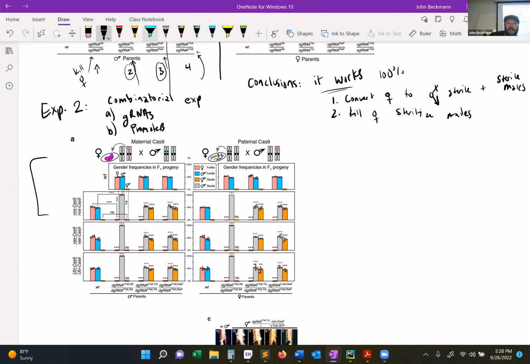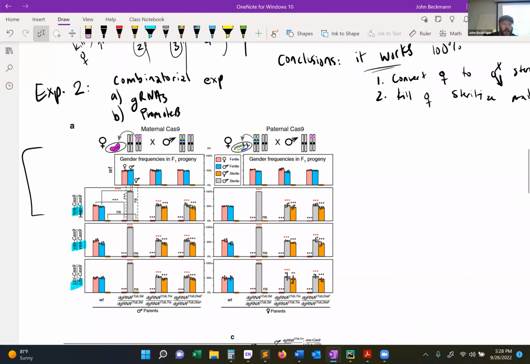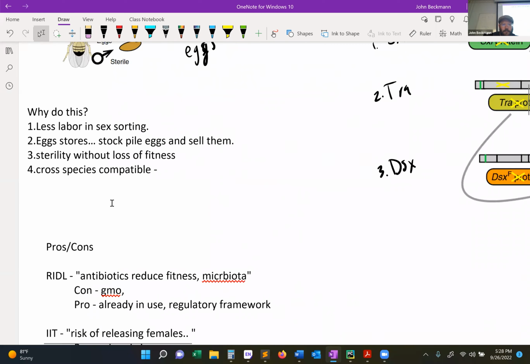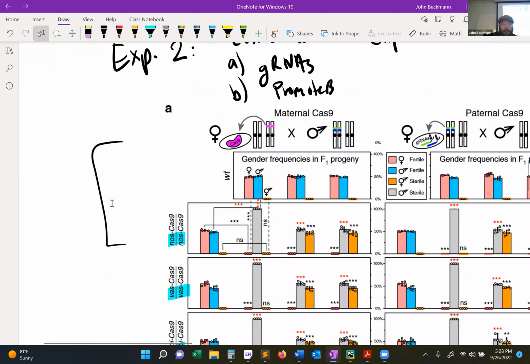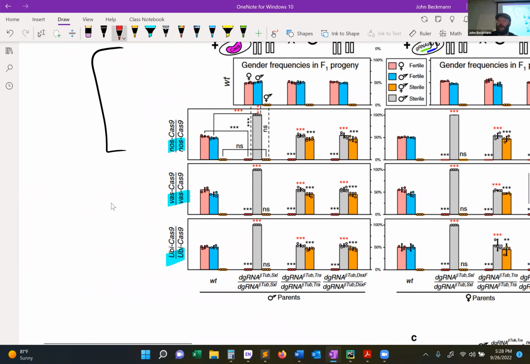Okay, so let's quickly look at these, and let's describe them. And then we will also look at the guide RNAs and describe them. So if I zoom in here, nos. I'm not expecting you to know advanced insect genetics, but it's worth knowing what these things are.